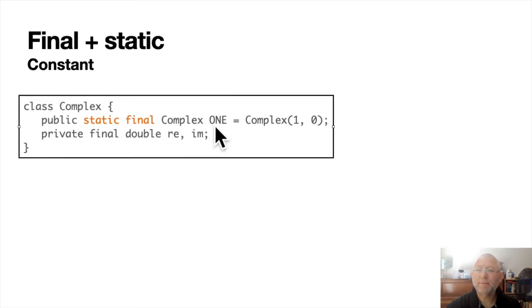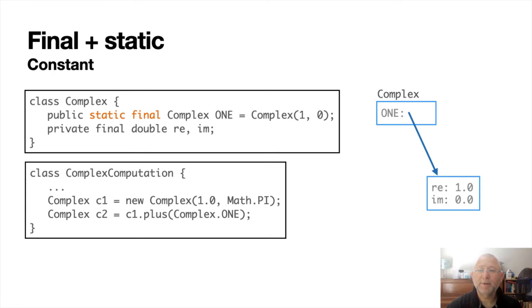The name is ONE. The type is Complex, so it's actually a reference to an instance of the Complex class. It's final, so it won't ever get another value. This will be the value it keeps. And it's static. Everybody can see it. It's also public, so we can see it from outside.